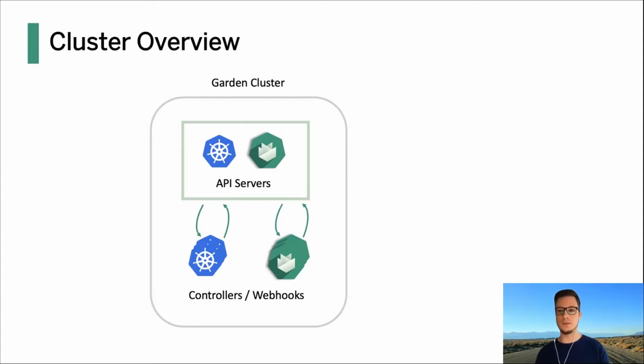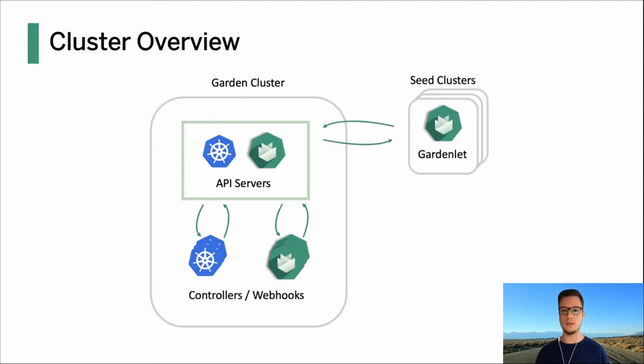This is a simple view of the garden cluster, as it's only necessary to show it in a simple way here. We also have the seed clusters, of course, with the gardenlets inside. In a productive setup, I would say, it's always one gardenlet per seed cluster.